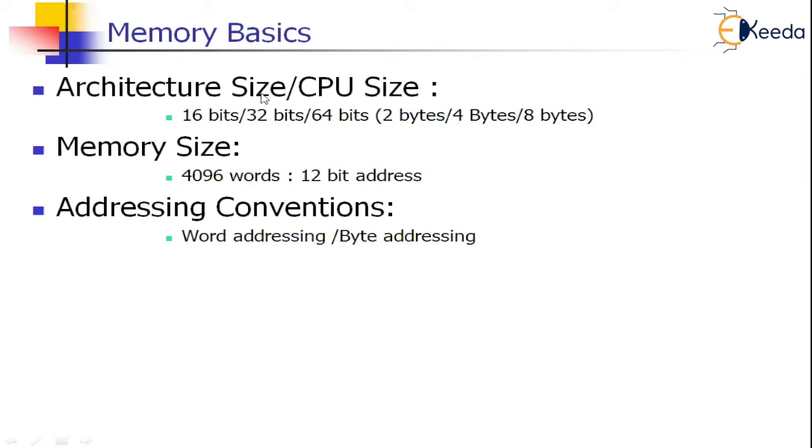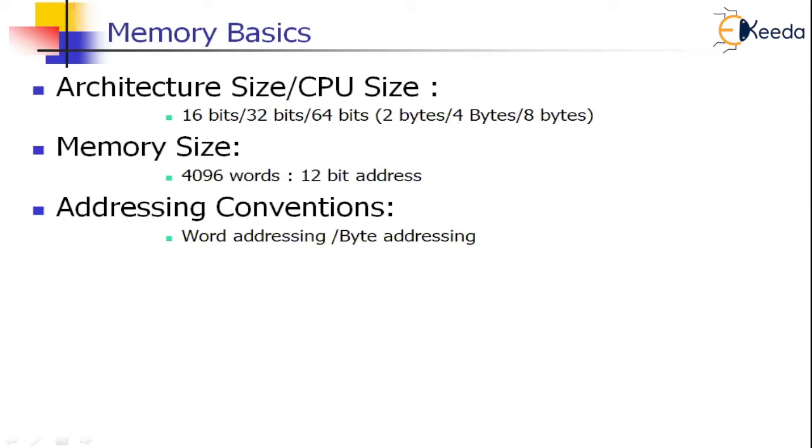When you try to buy a CPU, the CPU size will be measured in terms of some bits, right? When you buy i9 or i7 or i5 or i3, whichever processor you purchase, you will be provided with a measurement. This processor is of 32 bits. This processor is of 64 bits. What is this in fact?